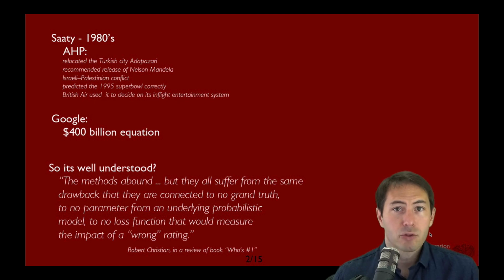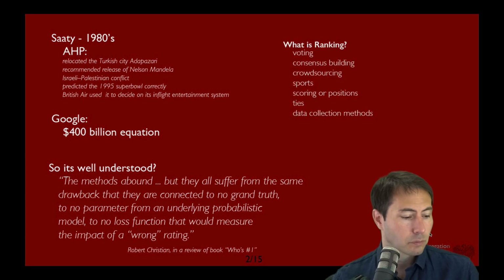But we don't have a ground truth for what the optimal ranking is, what the optimal set of ratings are. And so that really causes a problem. Ultimately, you can be left seeing differences between different rank aggregation schemes, but not necessarily feeling like there's a clear reason why you should use one or another.